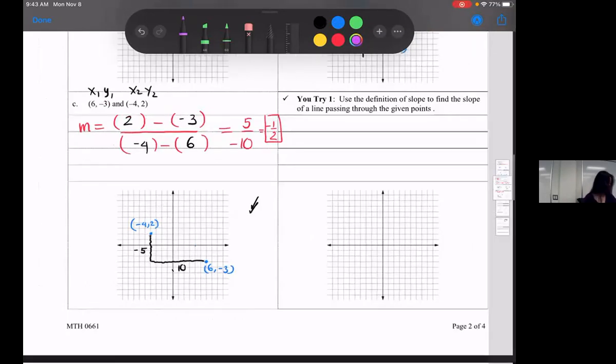Okay. Let me try one. See, what do I give you? No, not -8. 8 comma -8 and 1 comma -4. Make sure you label. Do the parentheses too, so you don't lose a negative.